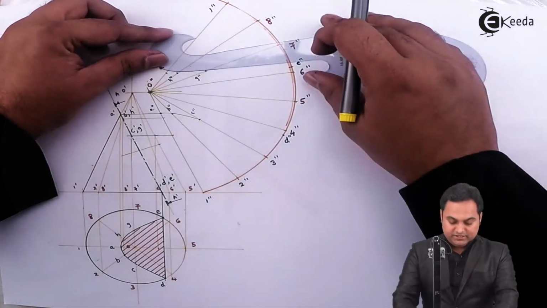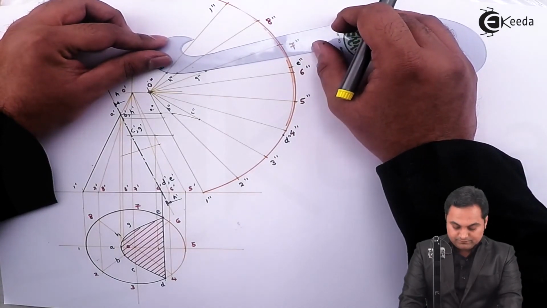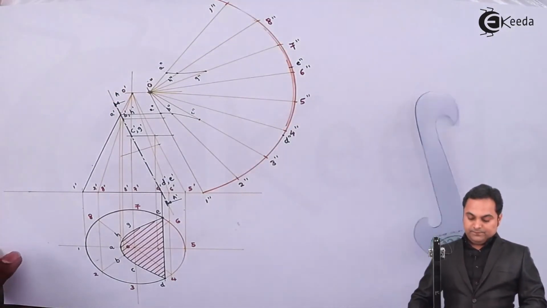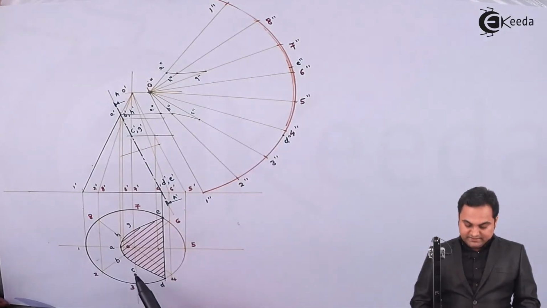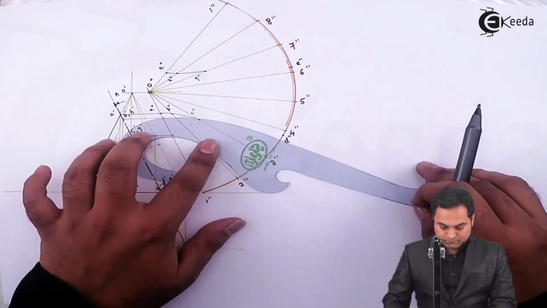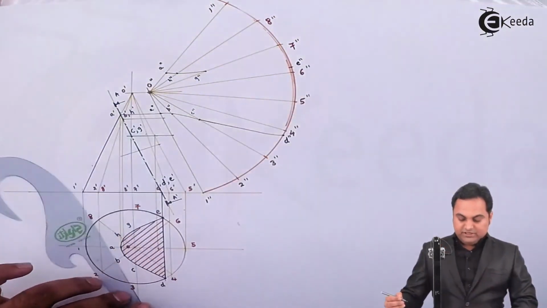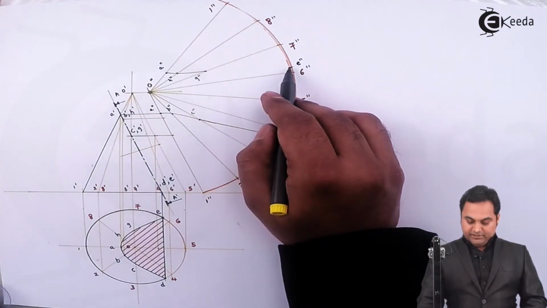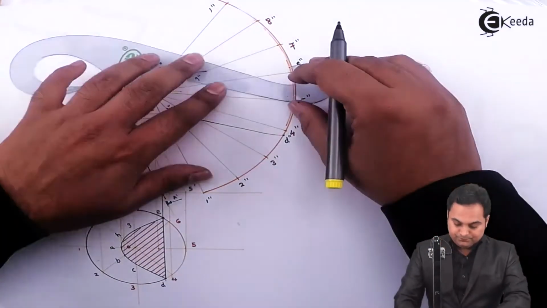Similarly A, H and G also with the help of a light curve. Then C double dash will be connected to D double dash as C and D are connected. Similarly, G double dash will be connected to E double dash because G and E are connected.